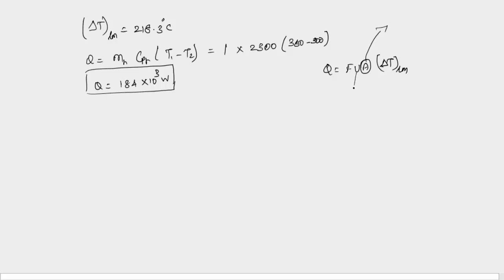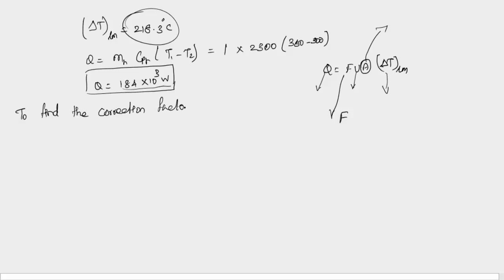So the U value is given in the problem itself, no? So Q equal to 184 into 10 to the power 3 and del T LM value is 218.3. So the only value you don't know is the F value. So now to find the correction factor, you have to go to the data book.